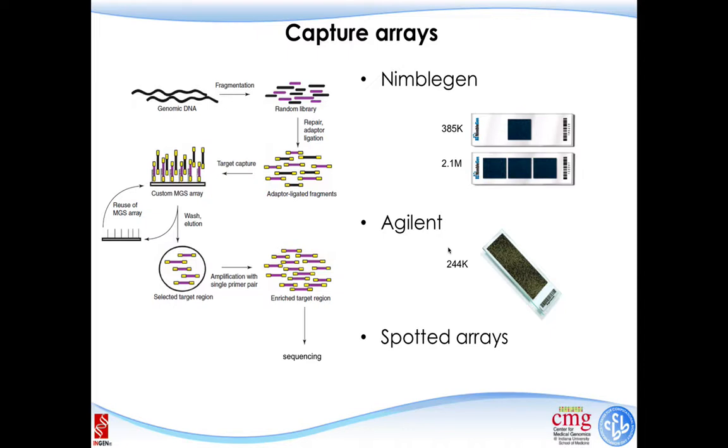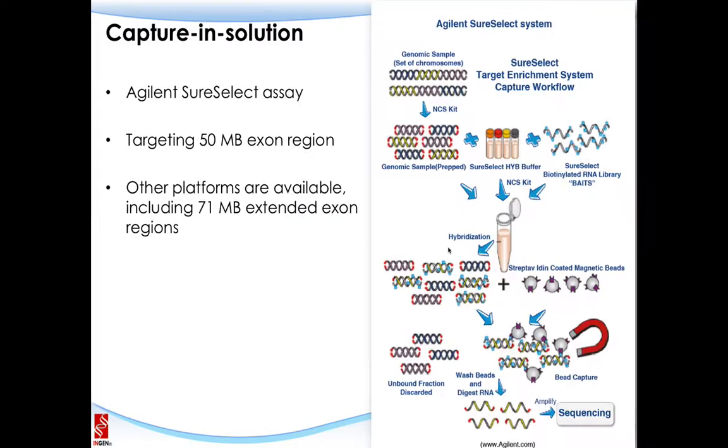So this is the exon array technology, and there are different players on that, but the most dominant ones are NimbleGen, which is now being purchased by Roche, and also Agilent. They all have their own arrays. But because this array-based technology requires specific instrumentation, it is more or less being replaced by a very similar approach called capture in solution.